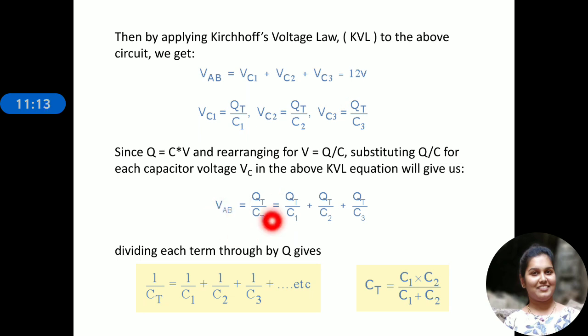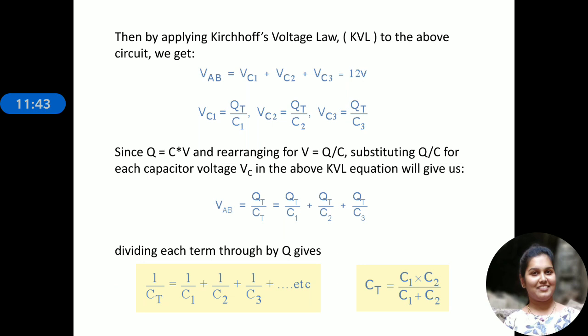So when we observe these, in all these Qt is common, right? So what we can do is that dividing each term by Qt gives us 1 by Ct is equal to 1 by C1 plus 1 by C2 plus 1 by C3, and so on. N number of capacitors can be connected, so n number of additions can be done over here.